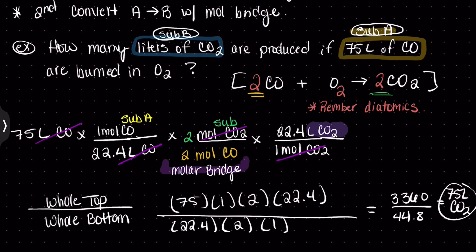That's a key indicator so you know it's substance B. Substance A is what's given to you. Then we go forth with your balanced chemical equation. This part will be given to you or you'll be asked to produce it. Remember your diatomics and remember how to balance. So we have to make sure we're balanced here.